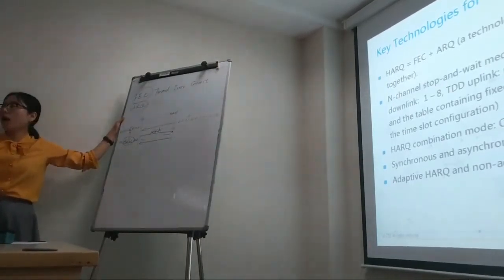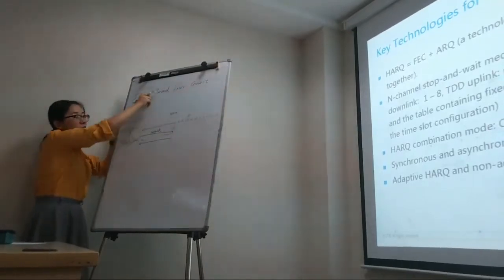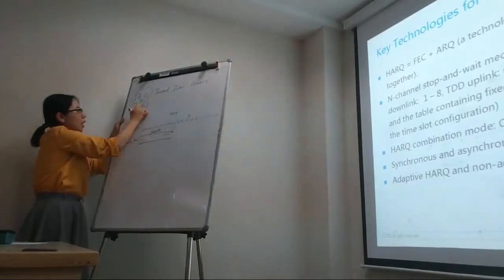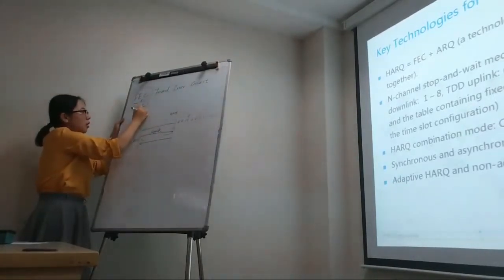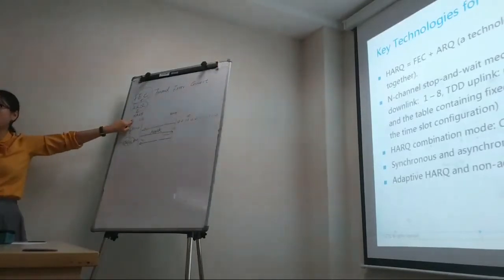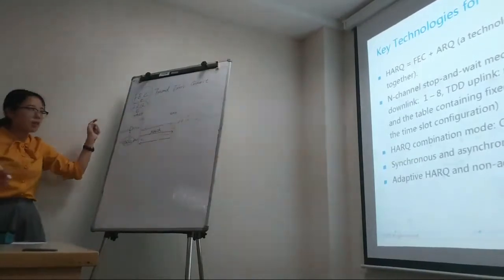So in LTE, we can hybrid the FEC and the ARQ. FEC and ARQ is the HARQ, where the first H is hybrid. If we use HARQ, it's like this.